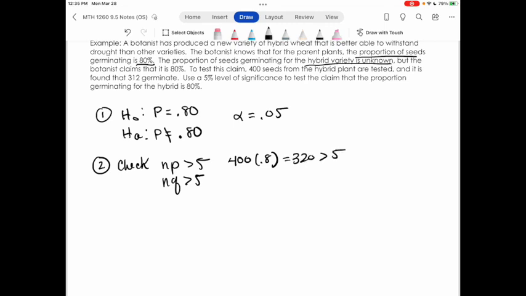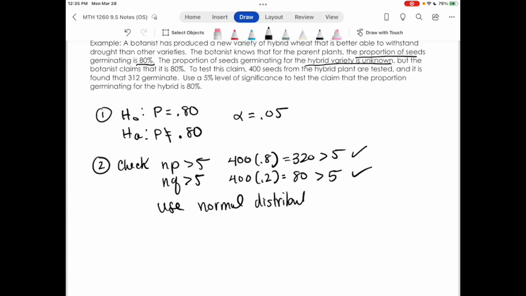So for n times p, we have a sample size of 400, and if we multiply that by 0.8, we get 320, which is certainly greater than 5. If we check our inequality with the q, we have 400 times 0.2. That's going to give me 80, which is greater than 5. So both of these work.